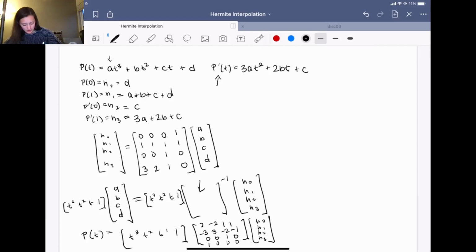So this is the same thing as here, except I've rewritten the inverse. Okay, and then to get to your actual Hermite basis functions, we just group these 2 together. So we multiply these 2 out, and that'll give us our Hermite basis functions.